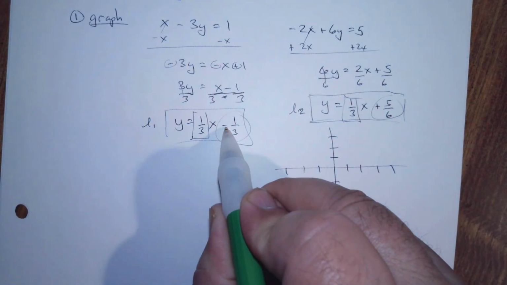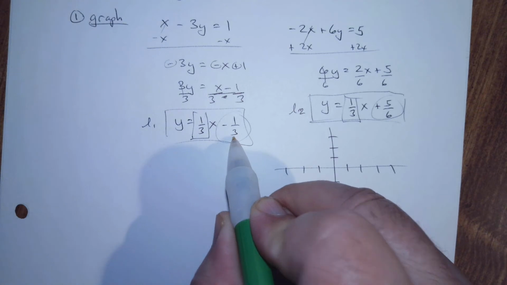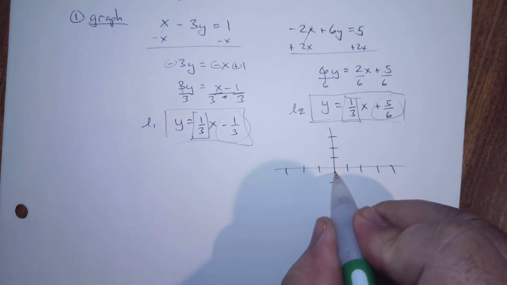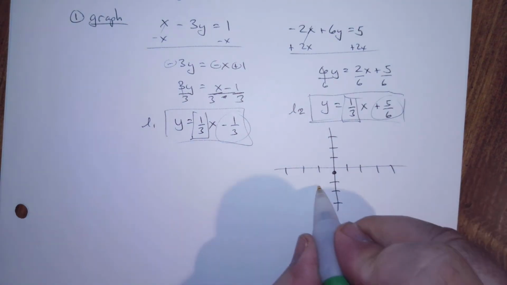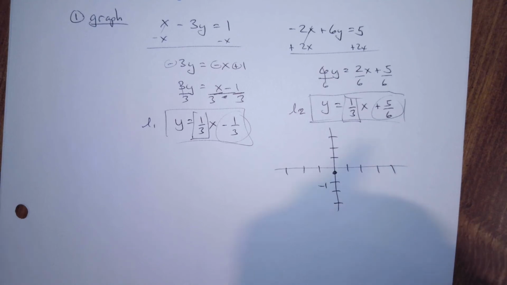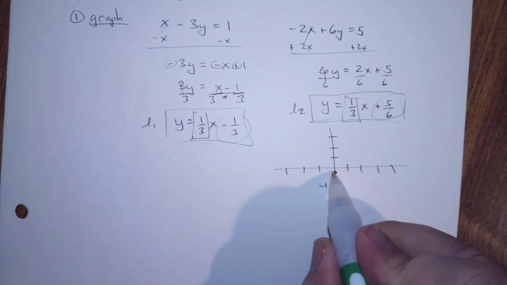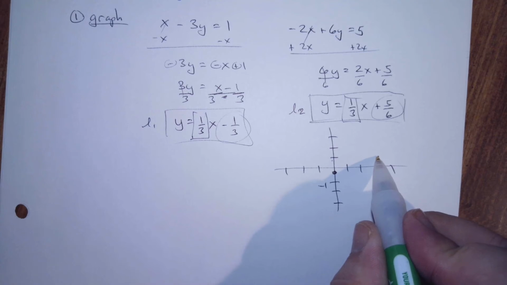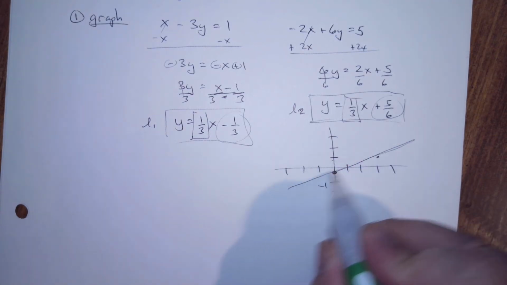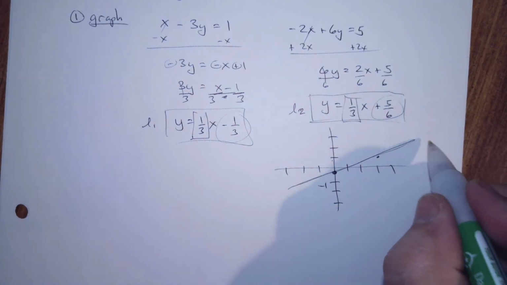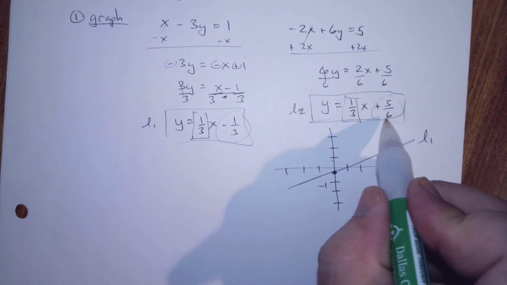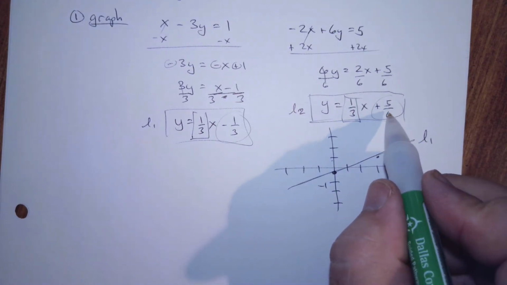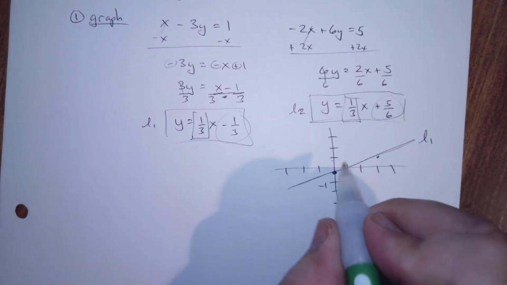So the first one, we intercept at -1/3, which is here. There's -1, so -1/3 there. Slope, it says go up 1 and over 3. 1, 2, 3. There's line 1. The second one, +5/6.